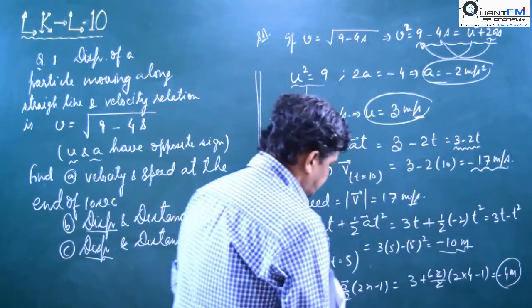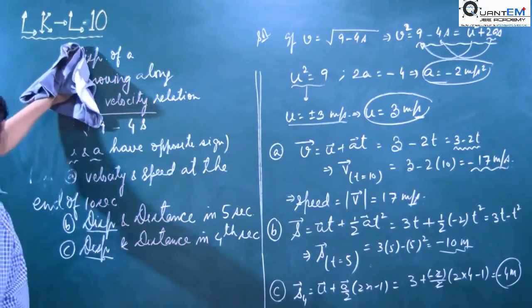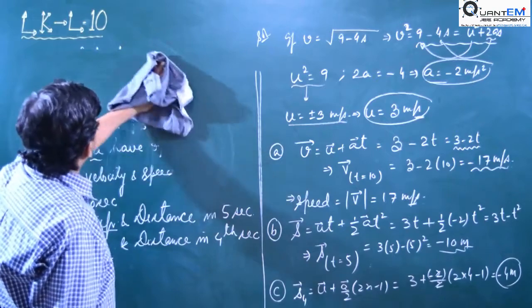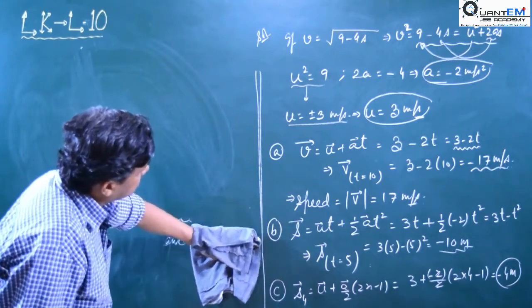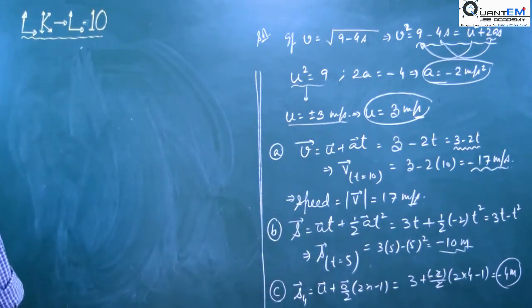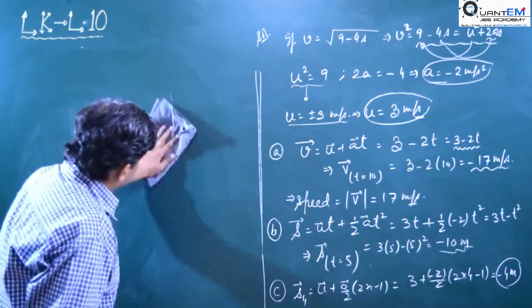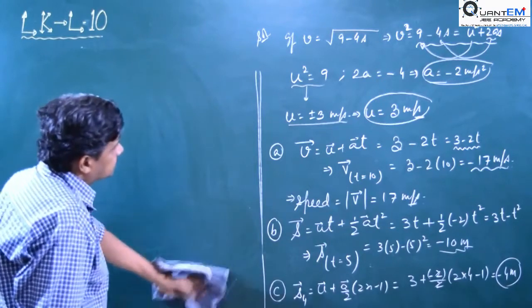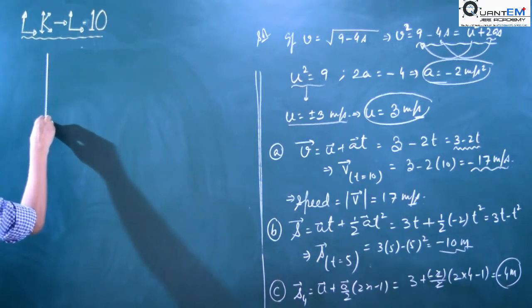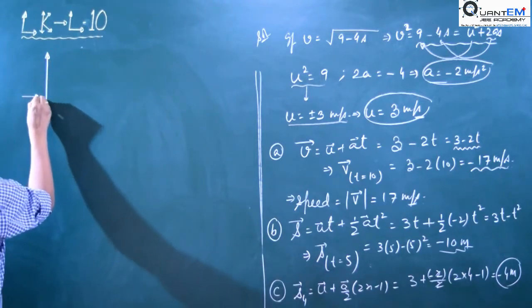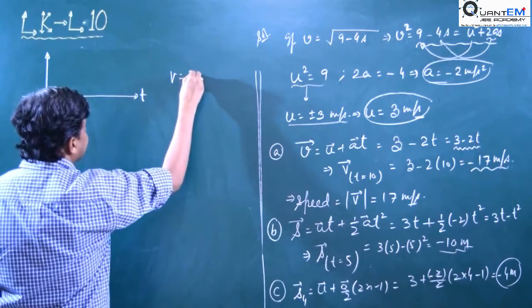Okay, for distance we have to draw the velocity time graph. What is the velocity at the end of time t? It is 3 minus 2t.